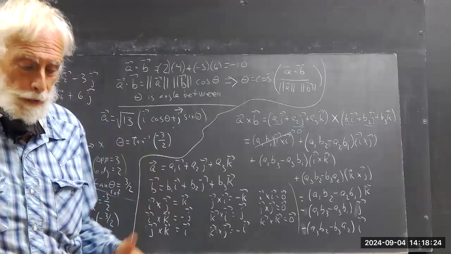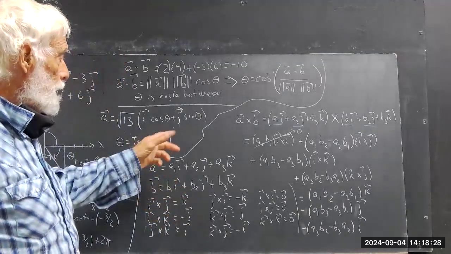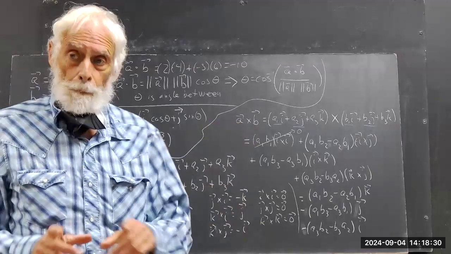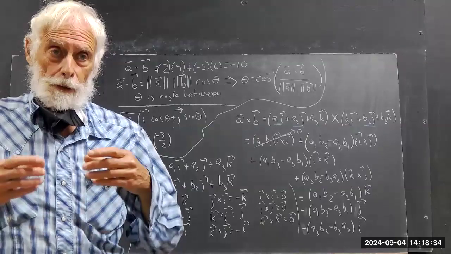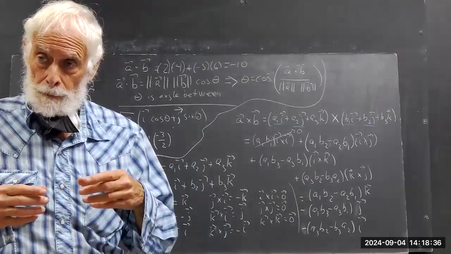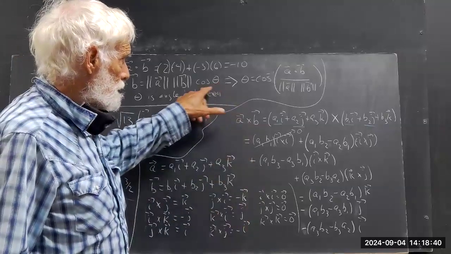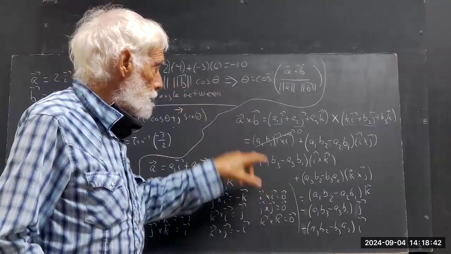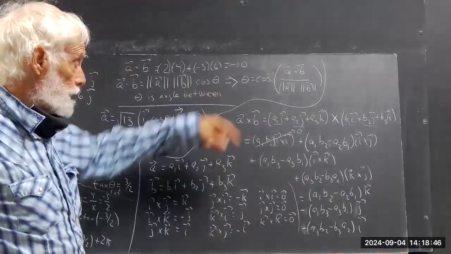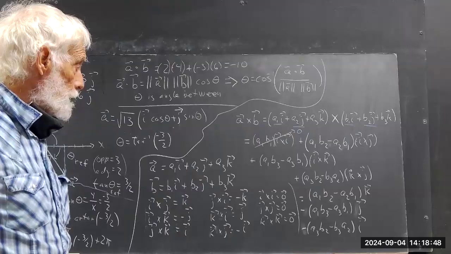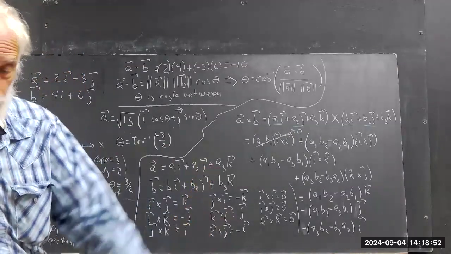Now the way it's really defined is this: the vector cross product of A and B would be a vector perpendicular to both A and B. Its magnitude is equal to the magnitude of A times the magnitude of B times the sine of the angle between. So it's kind of a lot like this, but of course what you get is a vector, not a scalar in this case, not just a number. I'm going to introduce it this way because it turns out to be the same thing.